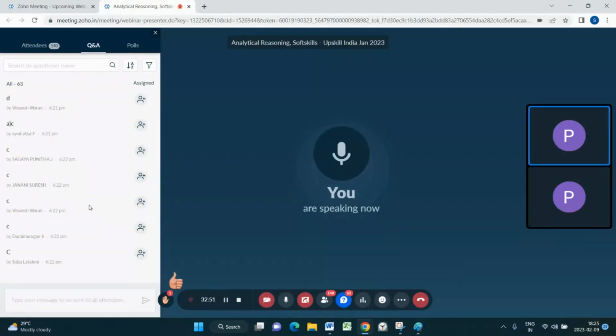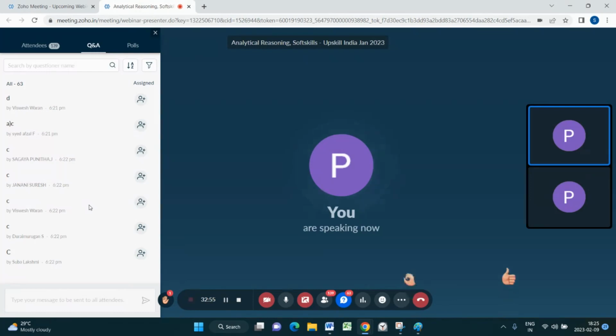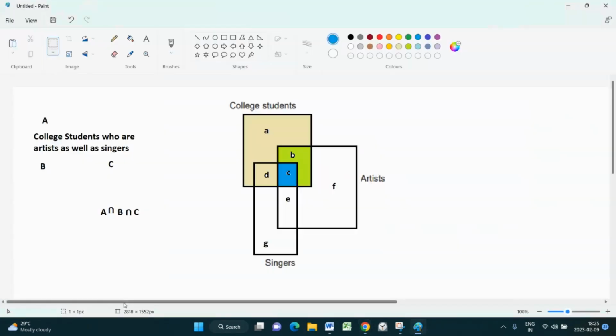How many of you remember A union B and A intersection B, which we did yesterday? How did we describe A union B?